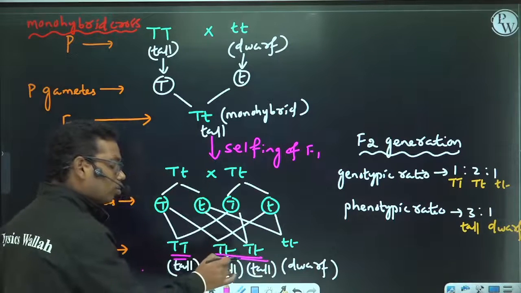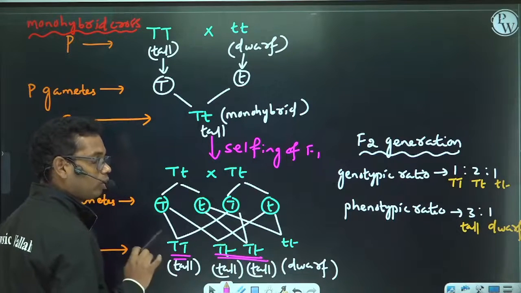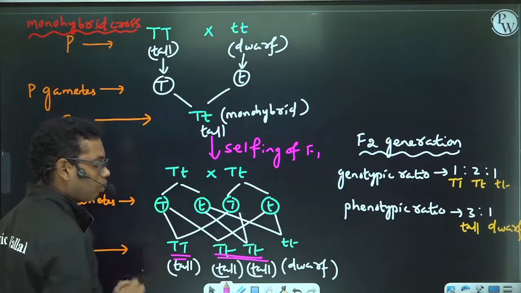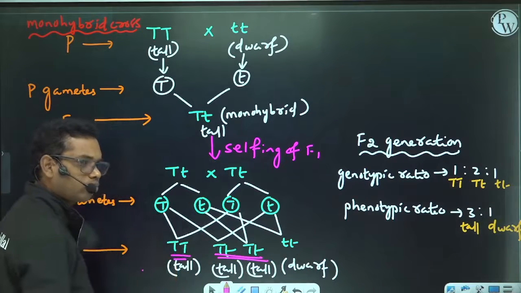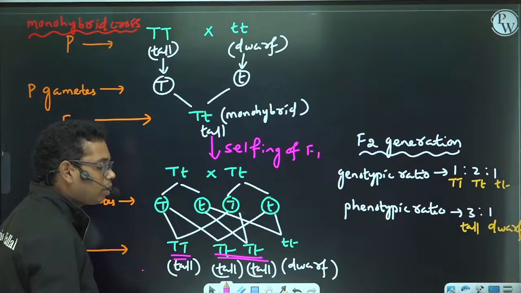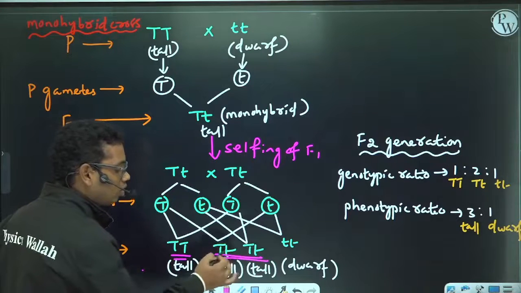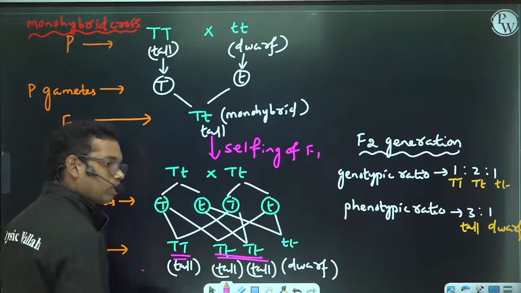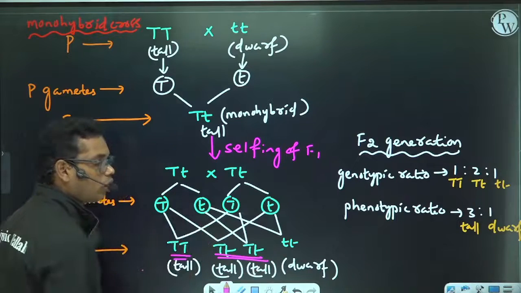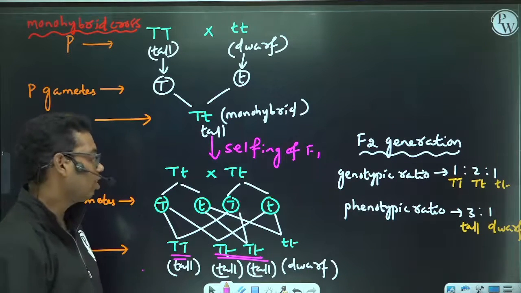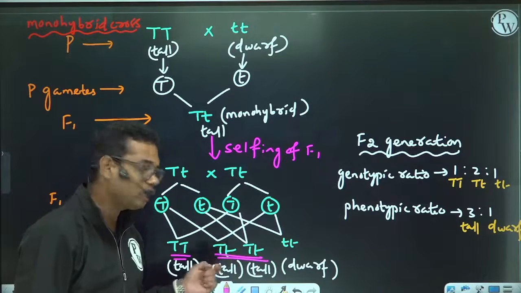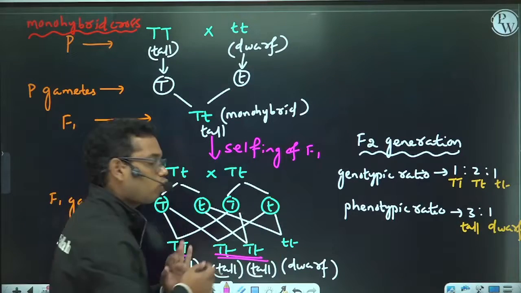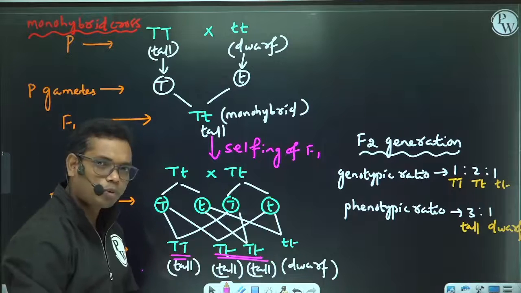And because these two are tall, that is why the tall plants are 3 in number. And this happened because in these two cases, capital T is expressing, but small t is not expressing. That means dominance is observed here. So I can say because of dominance, this 3:1 ratio is obtained. 3 tall and 1 dwarf is obtained.